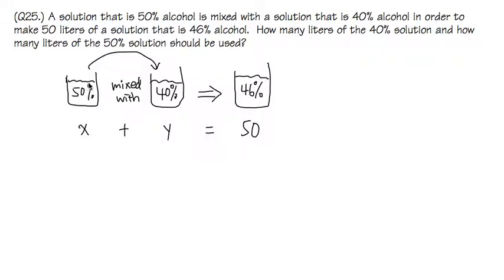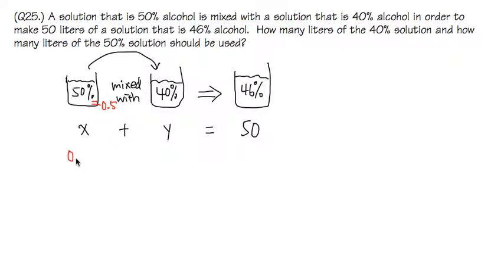This is how. The 50% is what we mean by the concentration, how strong the alcohol is. So this is how we are going to do it. I'm going to take 50% and change that into a decimal, which is 0.5. I will take the concentration and multiply by how much I have.